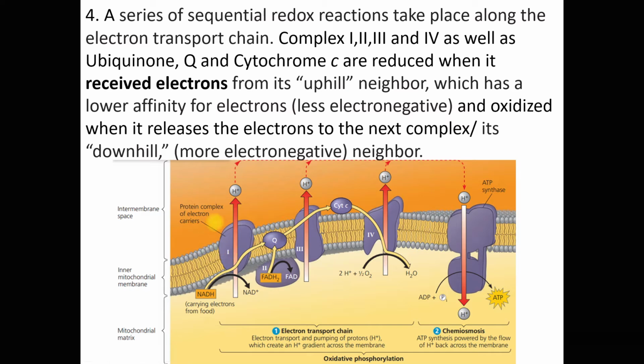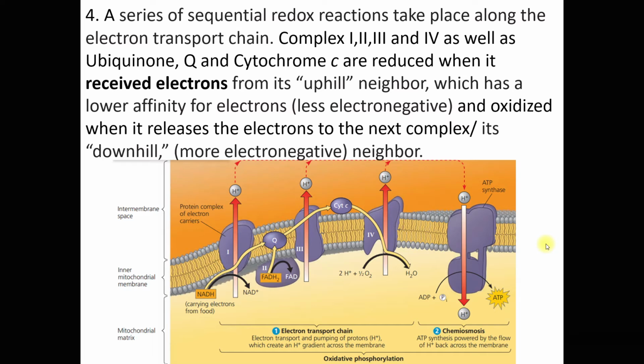Between complex 1 and ubiquinone, complex 1 has a low affinity for electrons. That's why complex 1 donates the electrons to ubiquinone. And between ubiquinone and complex 3, ubiquinone has a lower affinity for electrons. That's why ubiquinone donates the electrons to complex 3.